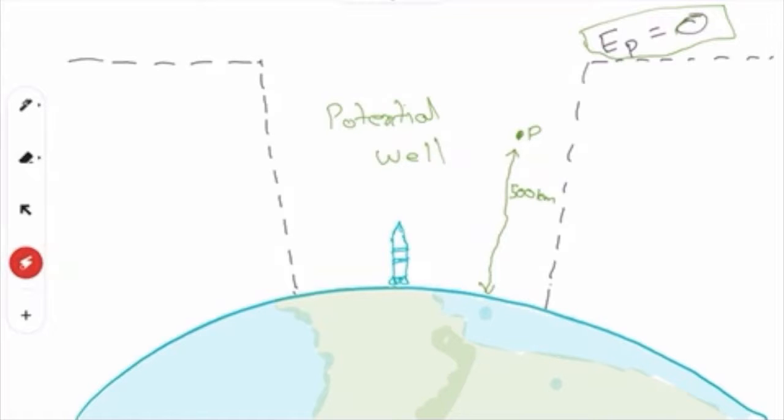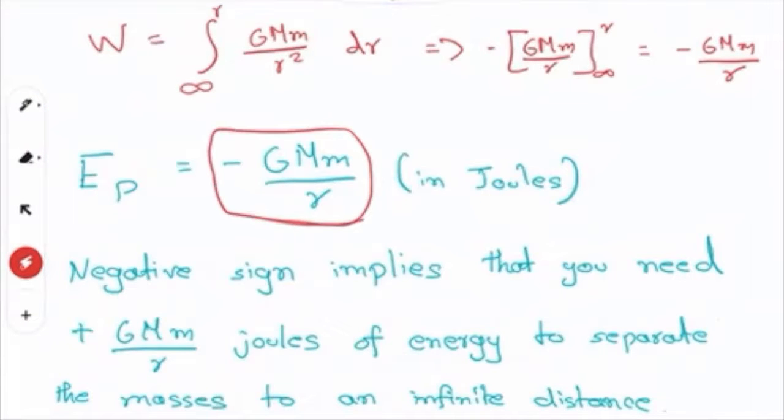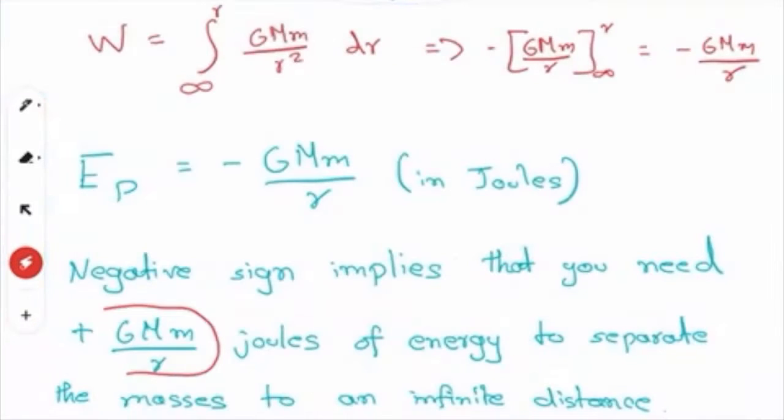But on the surface of the Earth, you would have this much gravitational potential energy. Which means if you want to escape, if you want to get this rocket perhaps to climb out of this well, you would need this amount of energy.